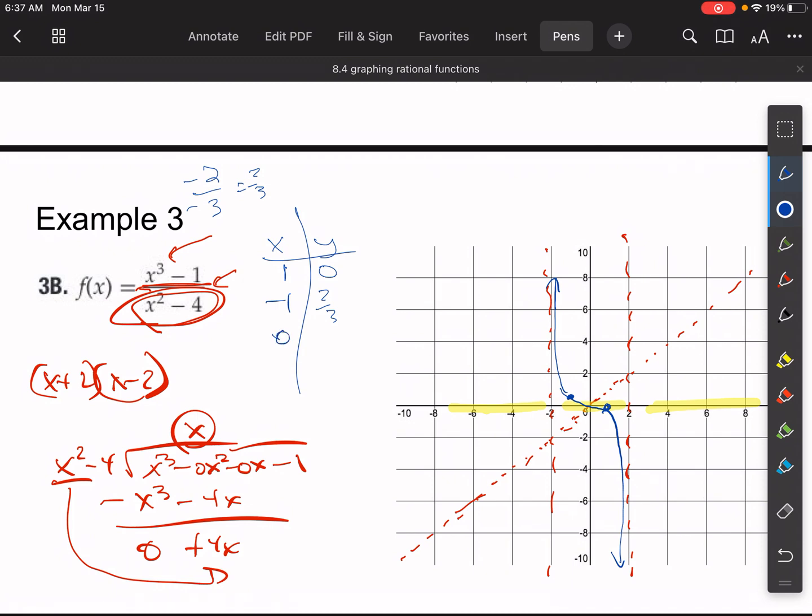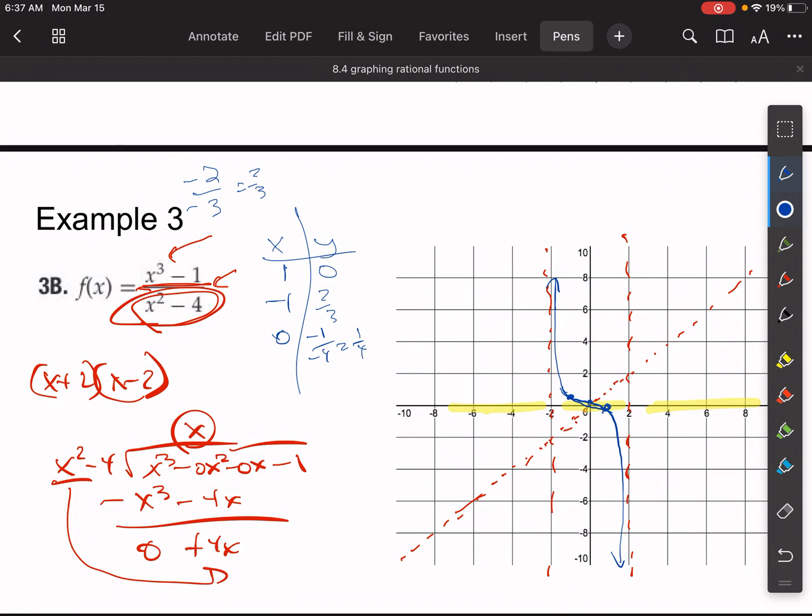So if I plug a 0 in, 0 to the third is just 0. 0 minus 1 is just negative 1. 0 squared is 0. 0 minus 4 is negative 4. So I'm at 1/4. So at 0, I'm at 1/4. So I actually could make this a little bit better here. I got this kind of thing happening. Okay, so that's what's happening in the middle.